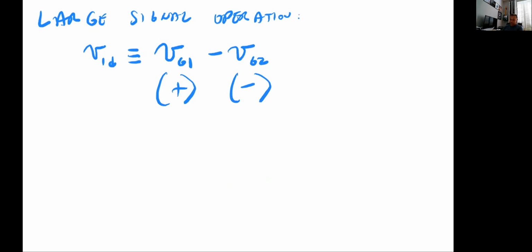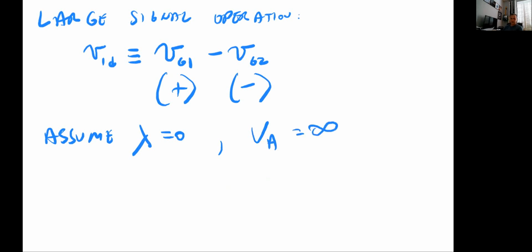We're going to assume, to make things simple, that the channel length modulation, lambda, is 0, and that the early voltage is infinite, okay? So that reduces our dependency in the, or our changes in the output resistance of the transistor.